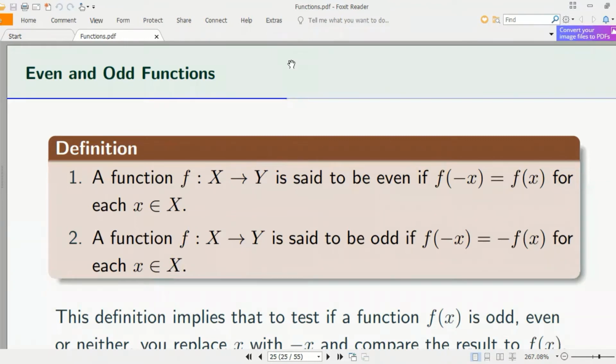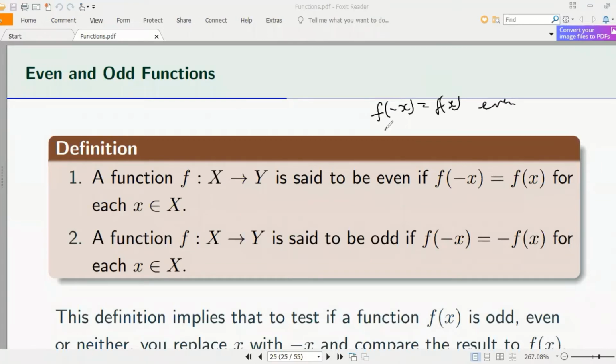So I just want to put a few examples and see whether those functions are even or odd. But what is very important is this definition. If f of negative x is the same as f of x, then the function is even.